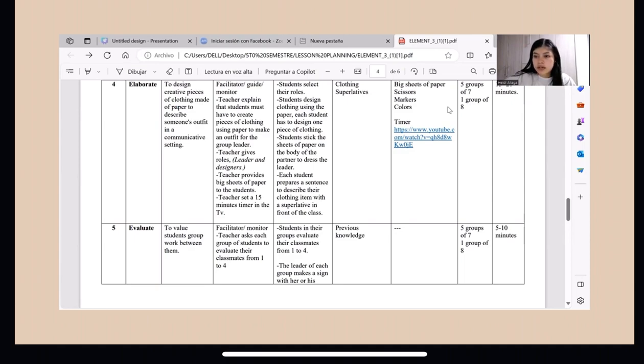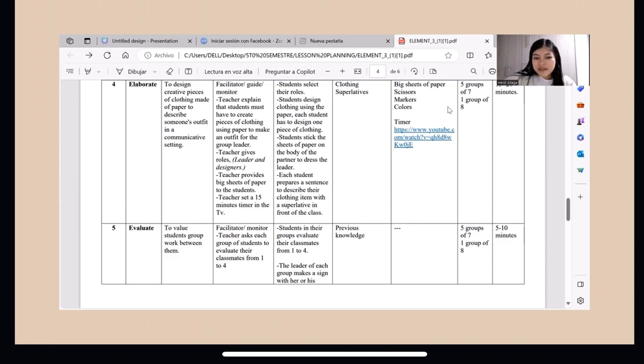If not, we can also bring some pairs to give them. Then markers, colors, pencils, as they want to decorate their pieces of clothing. For example, you cut your glove and then you could color your glove, or make some drawings, say flowers, decorate, okay, if you want.